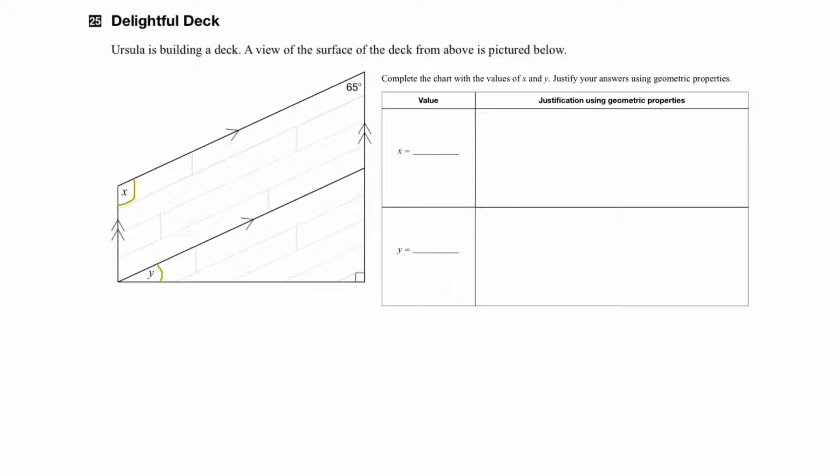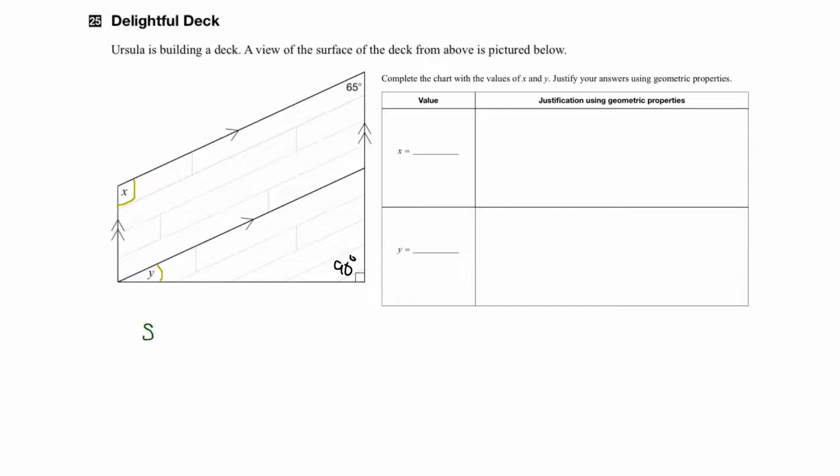Well, let's start by putting down what we know. We have a 90-degree angle here. If this is a right angle, then this must be 90 degrees. We can put that in here, 90 degrees. And what else do we know? Well, we know that the sum of the angles of a triangle add up to 180 degrees.